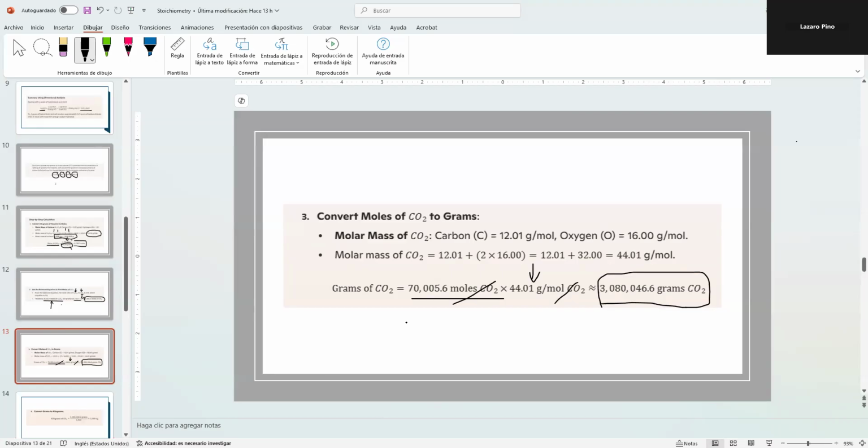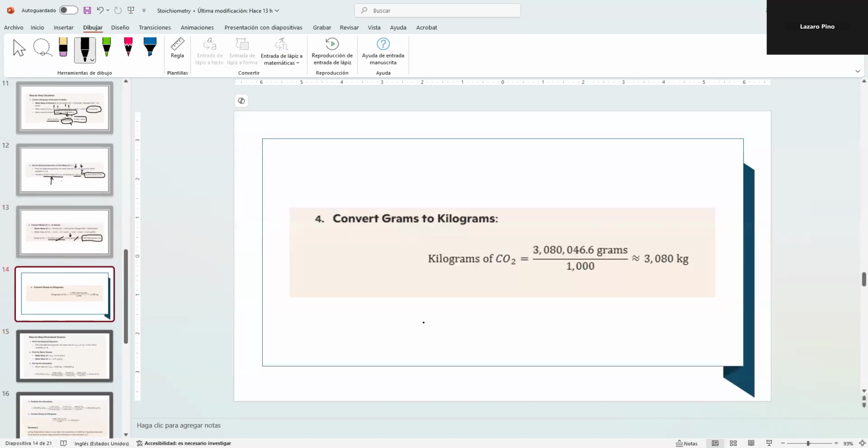It's also the reaction that is produced in any type of combustion where you have gasoline burning. Well, this is the answer. You can produce 3,080 kilograms of carbon dioxide every time you burn 1,000 kilograms of octane.